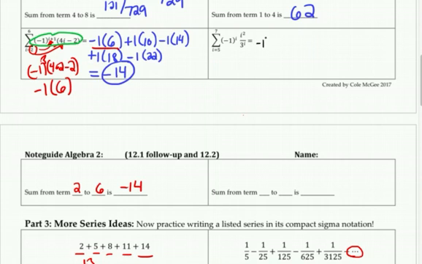So first we're going to have negative 1 to the 5th times 5 squared over 3 to the 5th power plus negative 1 to the 6th times 6 squared over 3 to the 6th power plus negative 1 to the 7th, and I'll stop there because I just want to go up to 7 like it says here in the summation notation. So 7 squared, and that's going to be over 3 to the 7th power.